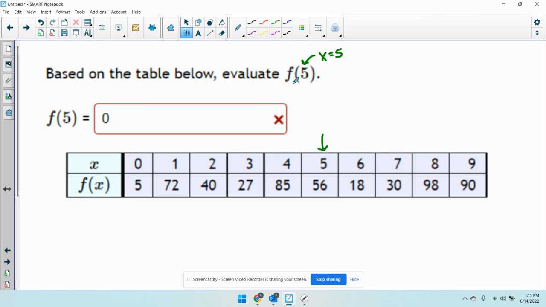So when x is 5, f of 5, the function value at 5, is 56. Okay, f of 0 equals 5, but f of 5 equals 56. This is the thing we're putting into the function. This is the thing we're getting out.